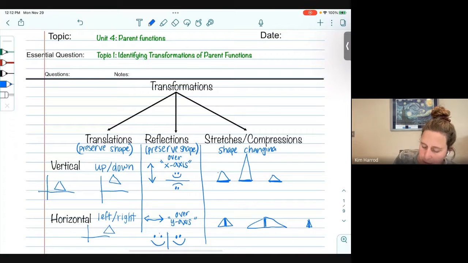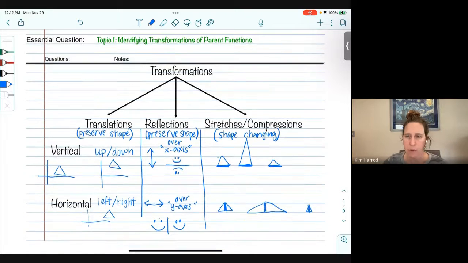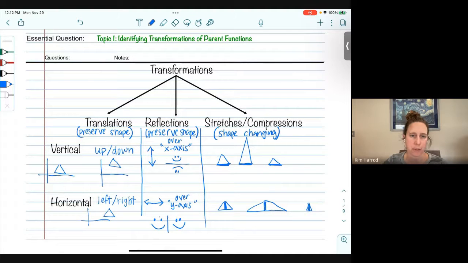The shape is not preserved in a stretch or a compression. And we'll go through on the next couple of slides and talk about how do you see these in the equations and how do you know what is what. Okay, so those are the main transformations: translations, reflections, stretches, and compressions.